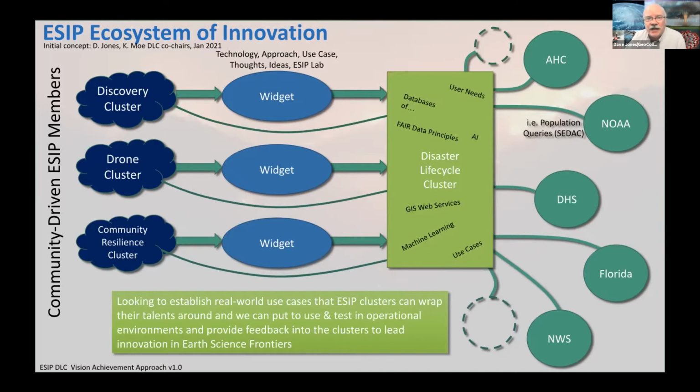What data sets, in REST service formats, in feature services, can we get access to quickly to put into the disaster lifecycle cluster and then feed that out into the All Hazards Consortium, NOAA, DHS, and CISA, the Cybersecurity and Infrastructure Security Agency, into the state of Florida with the new project that we have going on, and also through the National Weather Service. And there are other application areas that are just waiting in the wings.